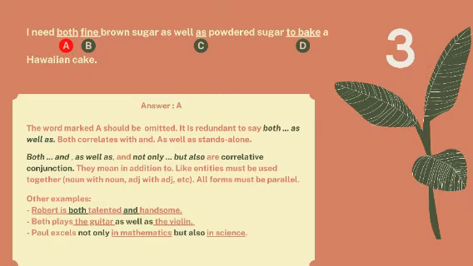The guitar and the violin here are nouns. The third, Paul excels not only in math but also in science. So it uses correlative conjunction, not only but also. And the math and science are both nouns, so the sentence is parallel.